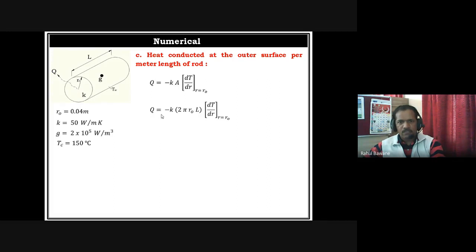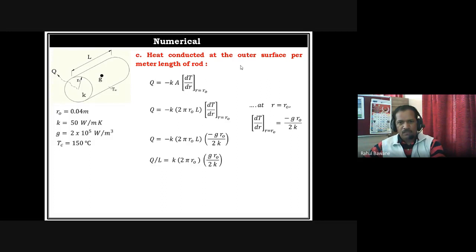So Q equals minus k 2 pi r0 L dT/dr at r equals r0. At r equals r0, we know that dT/dr is minus g r0 upon 2k. So replacing this value, minus k 2 pi r0 L into minus g r0 upon 2k.